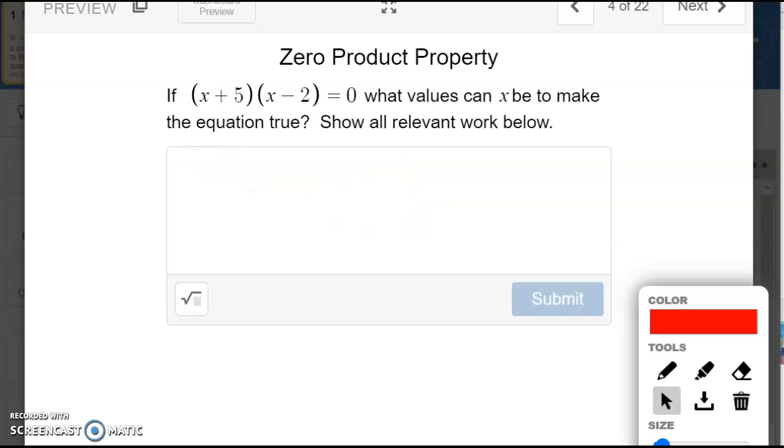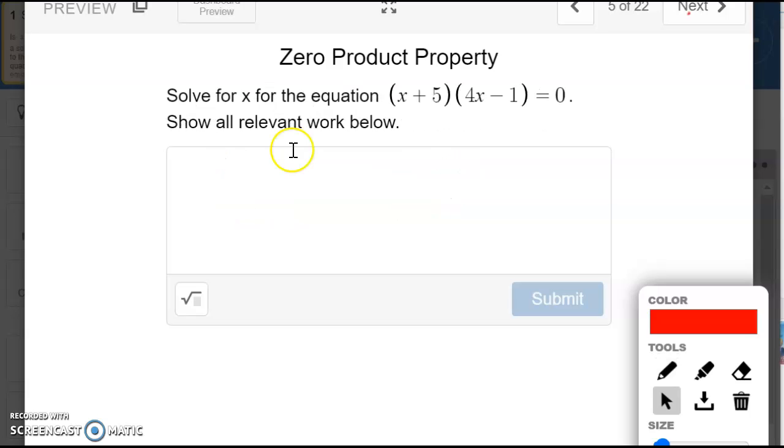Again, this is factored, so we know that either x + 5 is equal to 0, or x - 2 is equal to 0. Bring 5 to the other side and you get x = negative 5. Bring negative 2 to the other side and you get x = positive 2. Same thing for card number 5 and 6.